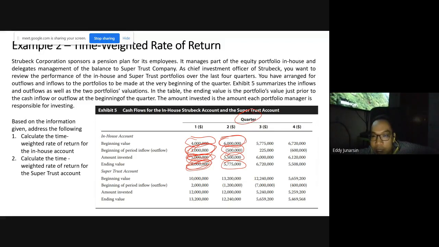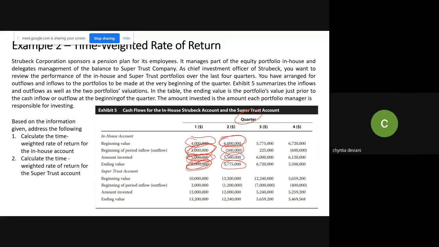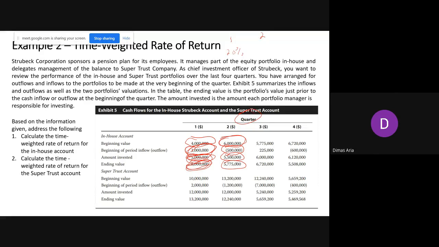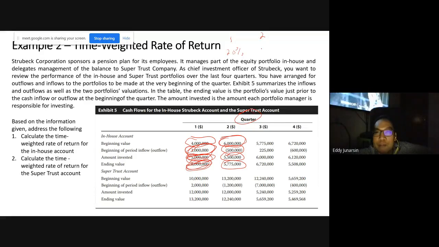The investment gains, sir. How much is the percent? 5.5%. So period 1, 20%, period 2, 5.5%. Yes, 275,000 divided by 5.5 million.